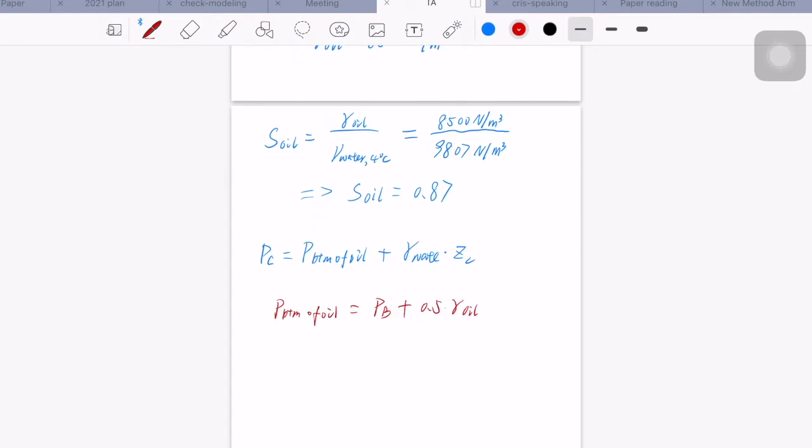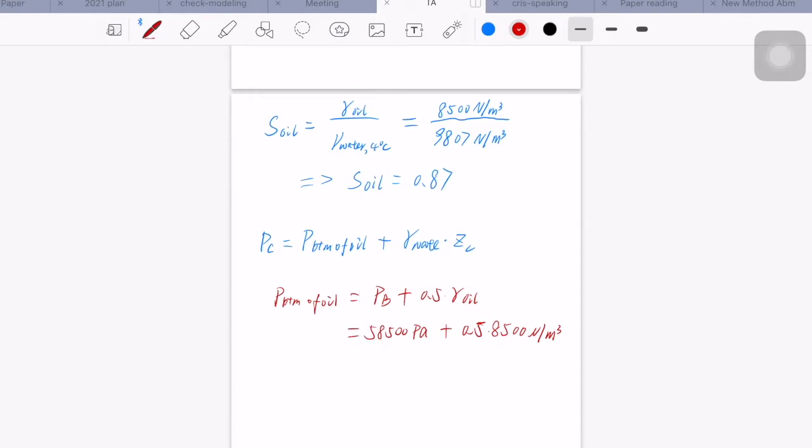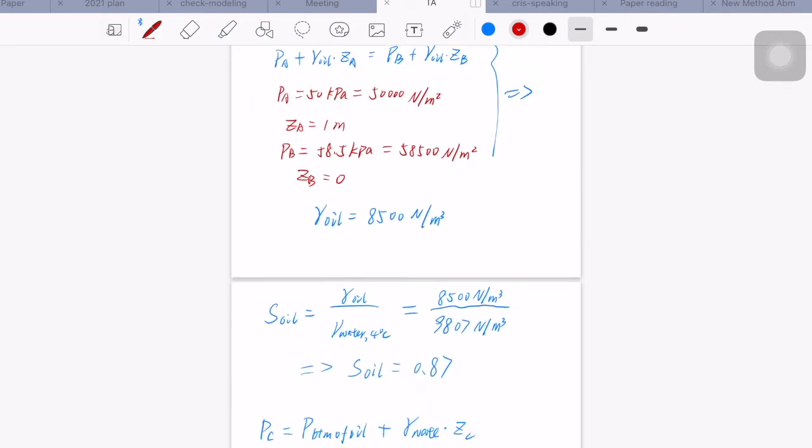And we know the PB is 58,500 Pascal plus 0.5 times 8,500 Newton per cubic meter. And we know the water temperature is 10 degrees Celsius.